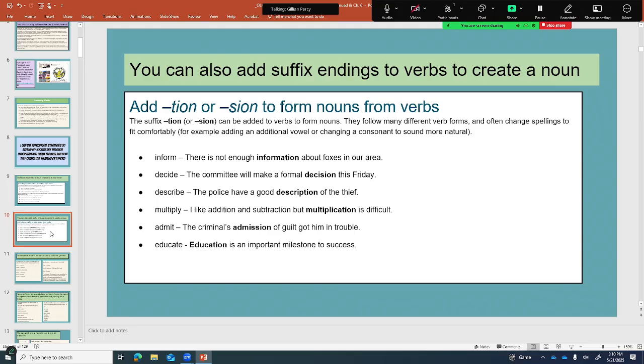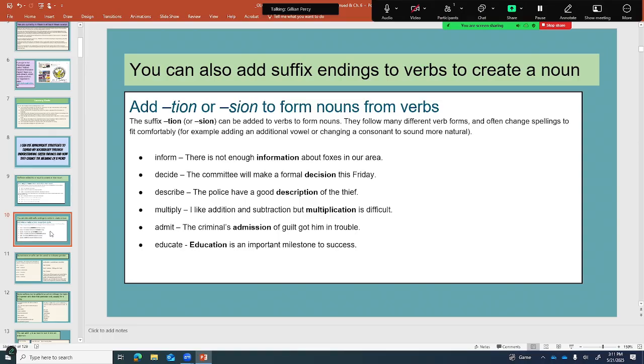Then we can add shun, which could be spelled tion or sion, to form nouns from verbs. Sometimes the spelling will change to modify things a little bit, or we might change a consonant sound so it sounds a little bit more natural. There are certain sounds that roll off our tongue more easily, and we tend to change words to make it easier for our mouth to say it.